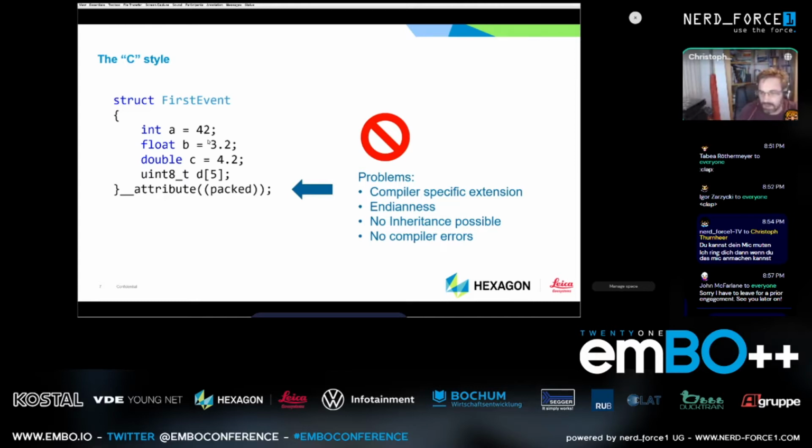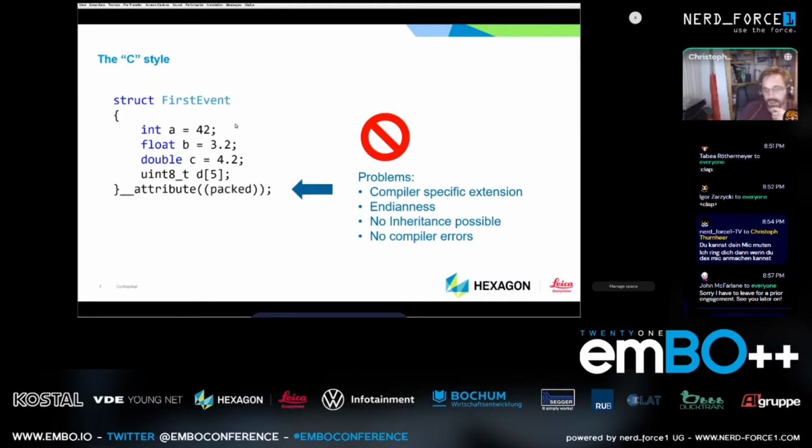So you have to be lucky that everything fits together. If somebody accidentally adds inheritance or something, you also serialize and deserialize that, and you get into problems. There are no compiler errors which would detect such problems.